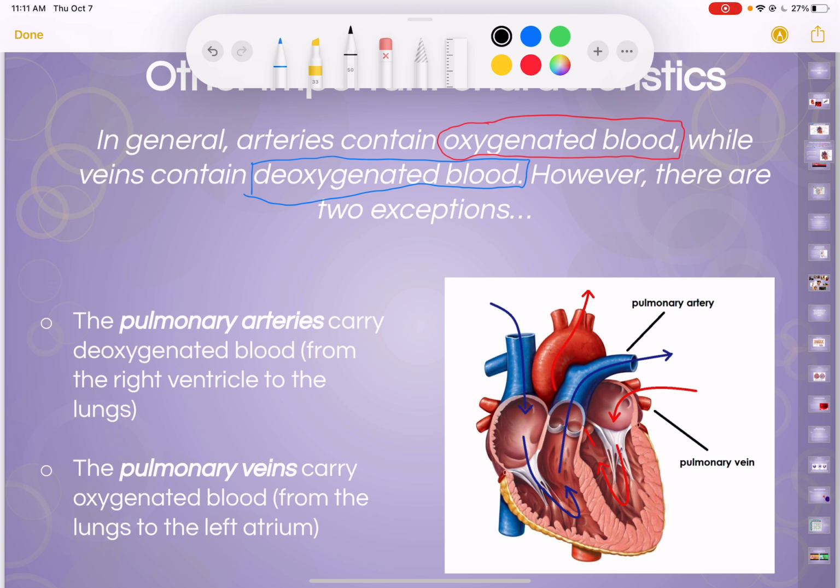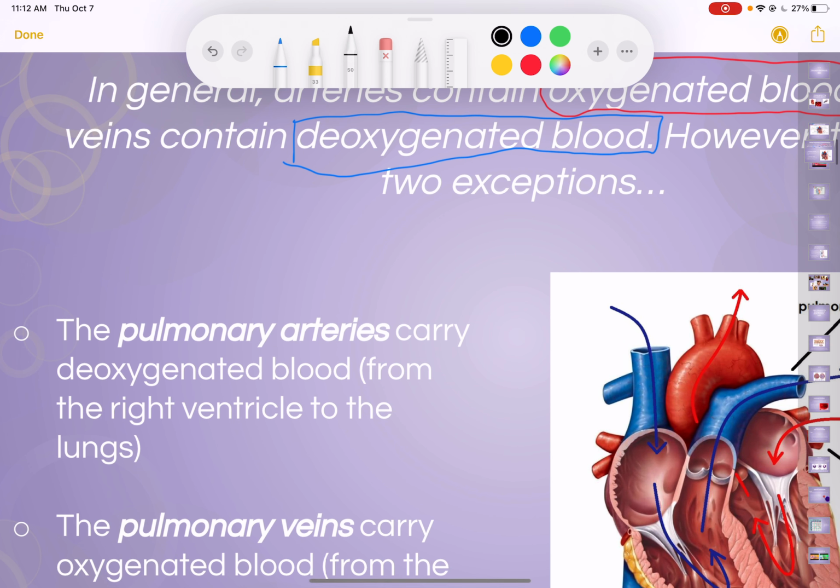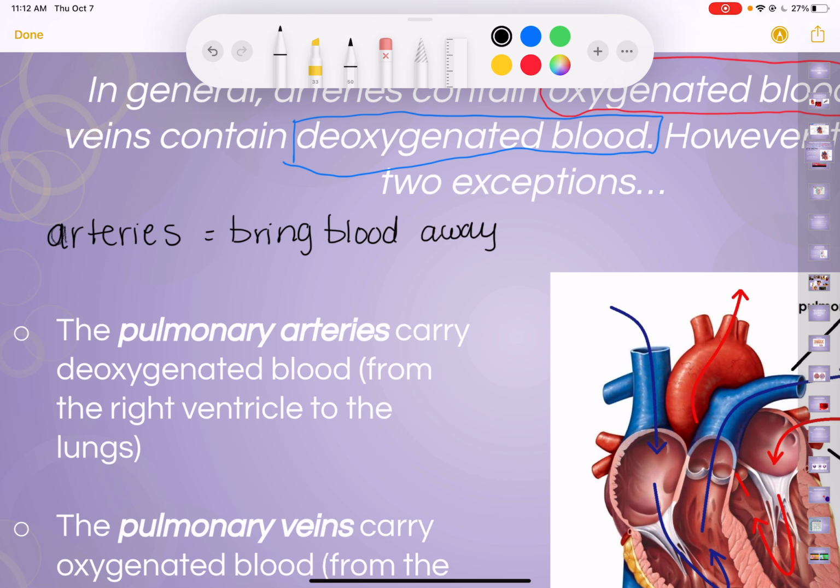So something to remember, instead of thinking that arteries are oxygenated and veins are deoxygenated, is this. I always remember it this way: arteries bring blood away from the heart.